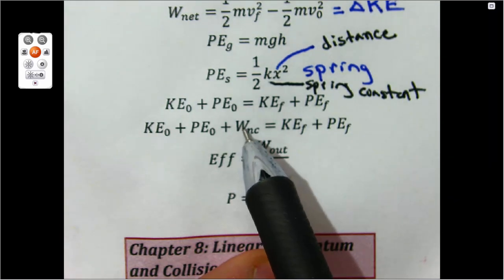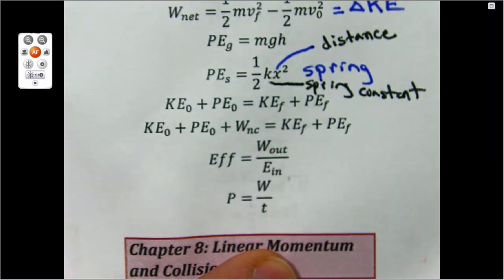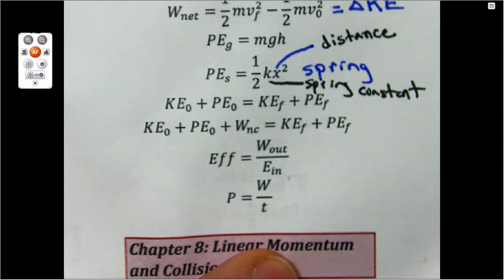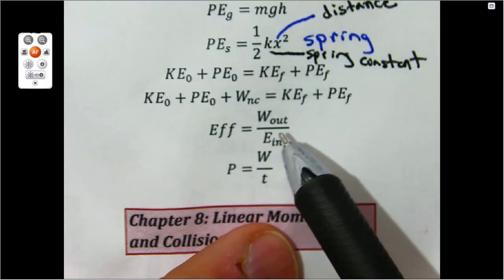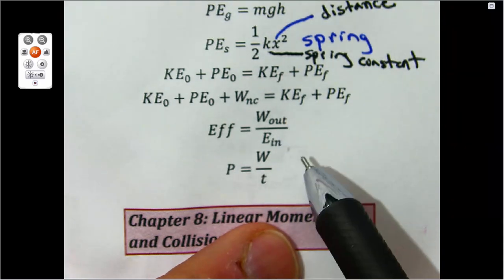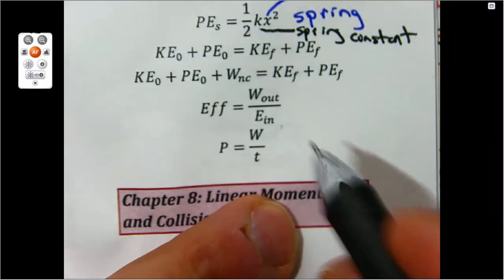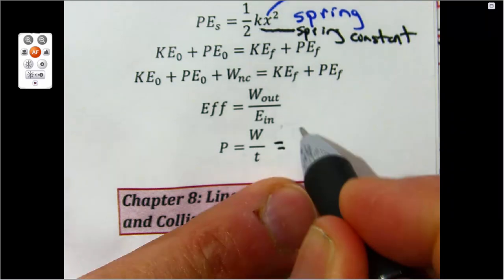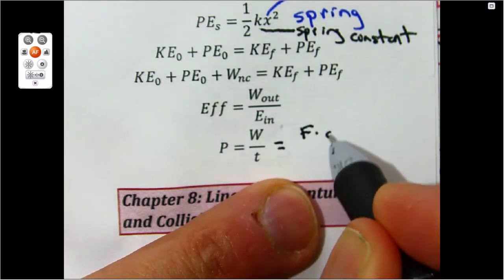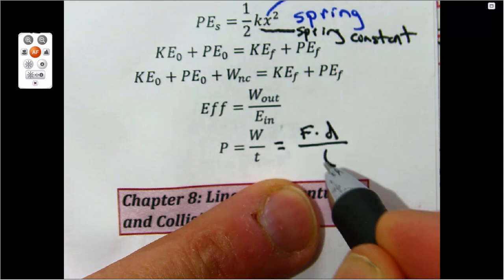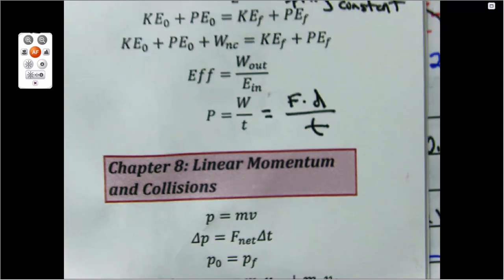WNC is work from a non-conservative force. Work done again. And we didn't do really any efficiency, work out, energy in, but we did power down here, right? I don't know if we calculated that number in the last lab like I thought we were going to.